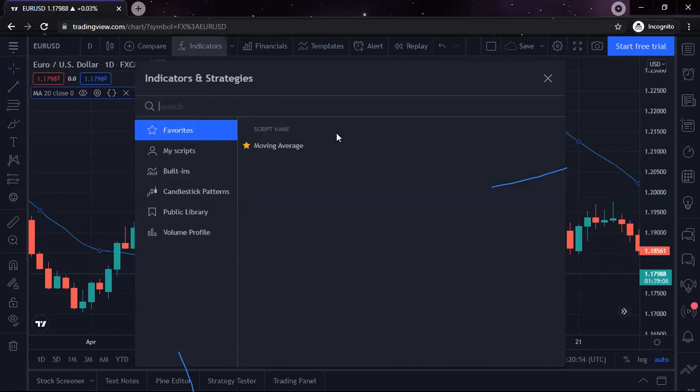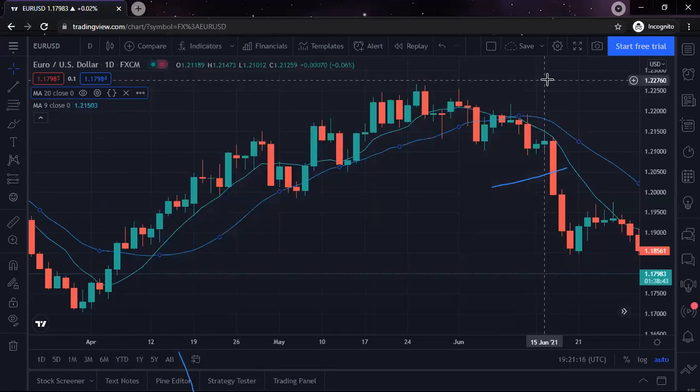Since we made it our favorites, the MA is already here. So we just click on the MA and then it will add to our chart. You can decide to add all of it before closing, but I want to do it one after the other. After clicking it, just go and close it. It has been added to your chart already.